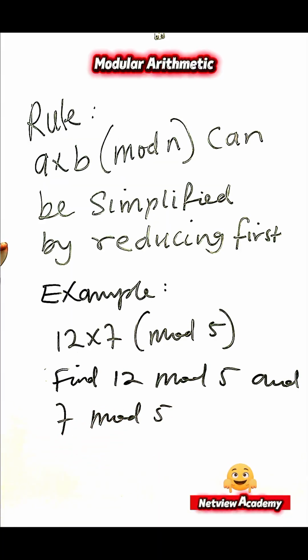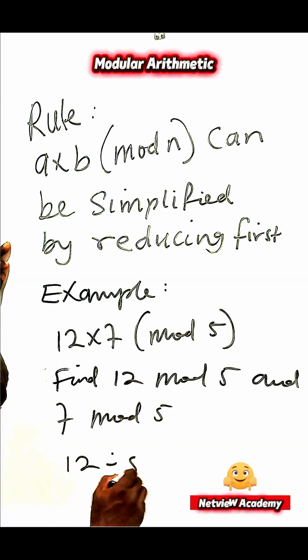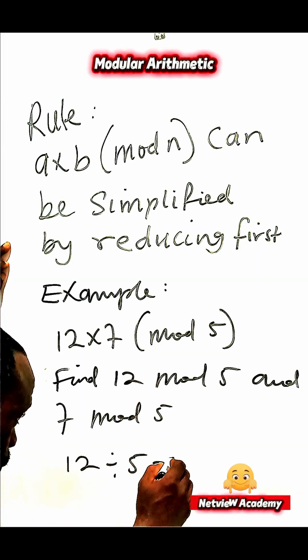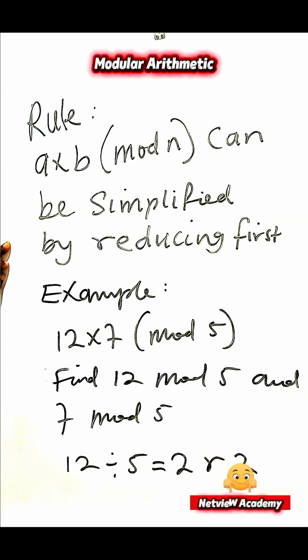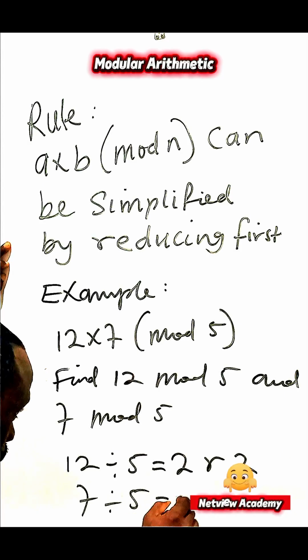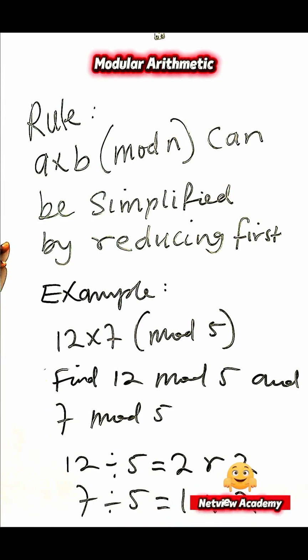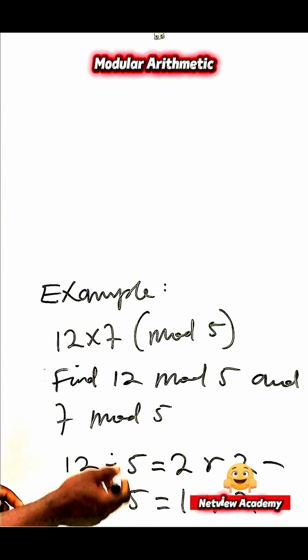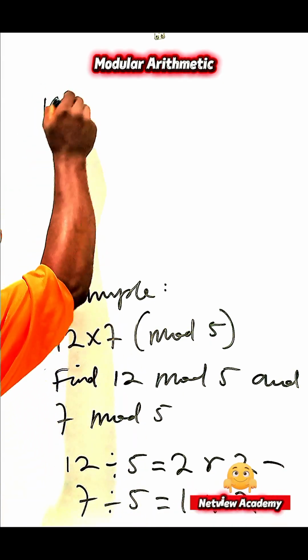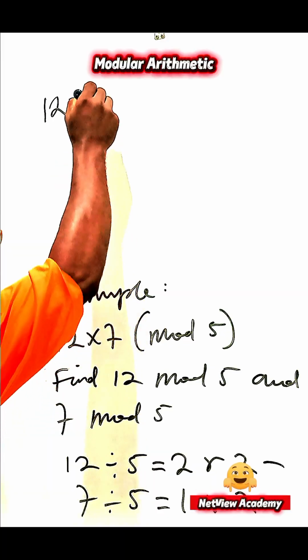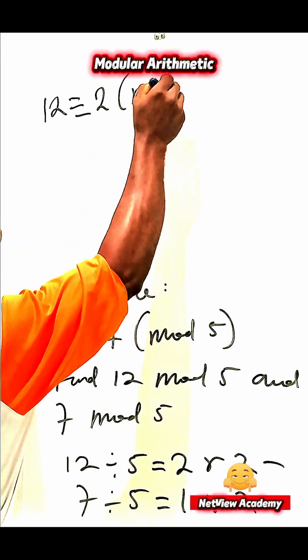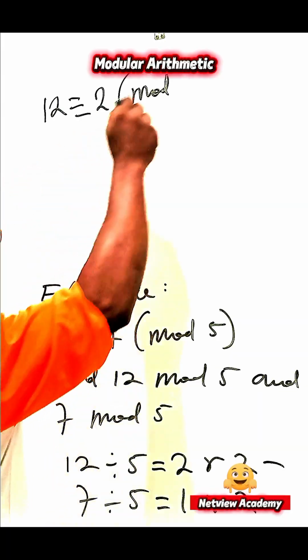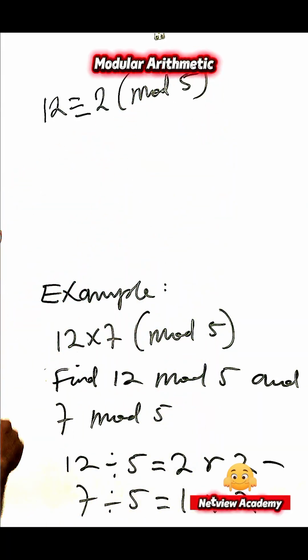So if I do this, this is going to give me 12 divided by 5 is equal to 2 remainder 2, and 7 divided by 5 is equal to 1 remainder 2. Now these two expressions can be expressed as 12 is congruent to 2 when it is divided by 5, as the first expression.